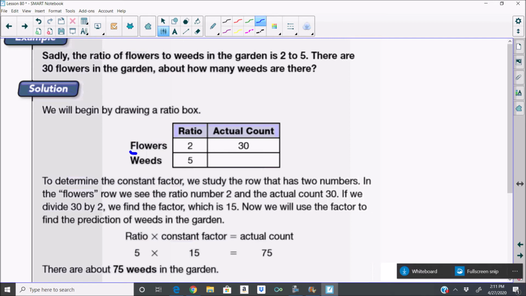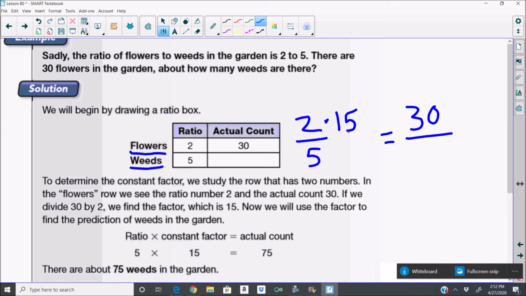The reason why we want to label the things over here is so that we get these numbers in the right places. But really what we're looking at is simply fractions and wanting to make equivalent fractions. So we look at this and we say, okay, what do I do to the 2 to get to 30? Well, I multiply it by 15.